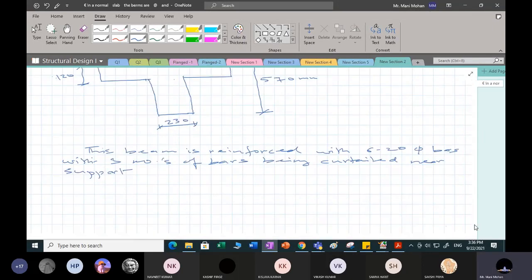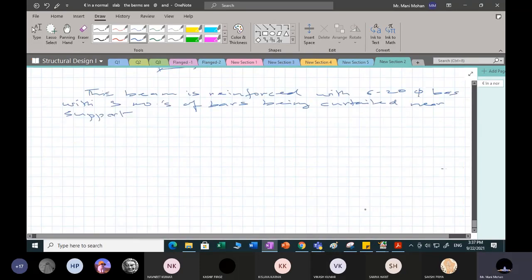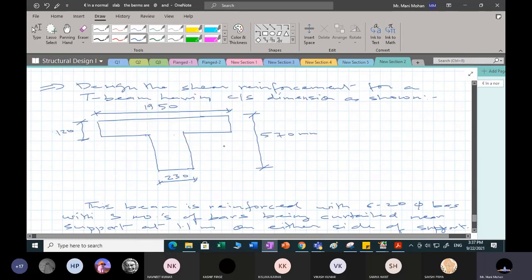At what distance were we curtailing? We are curtailing at a distance of 1.1 meter. So curtail near support at 1.1 meter on either side of the support. And I'm asking you to design the shear reinforcement for this data.